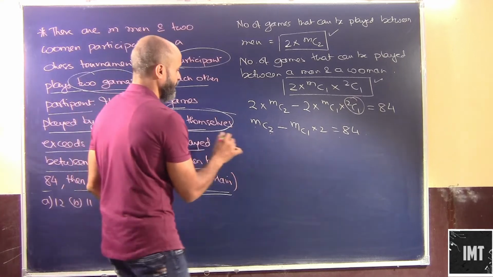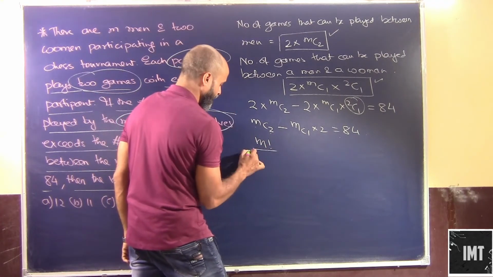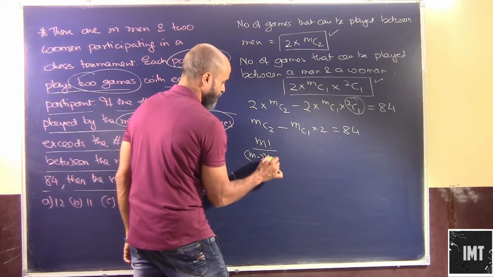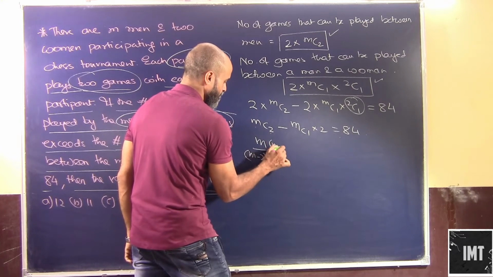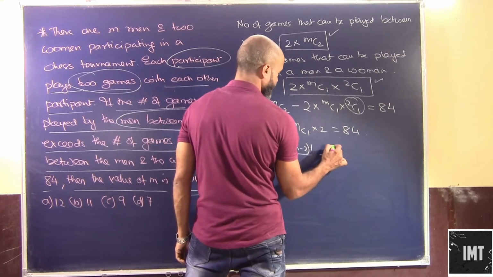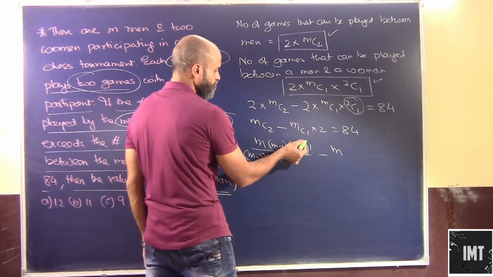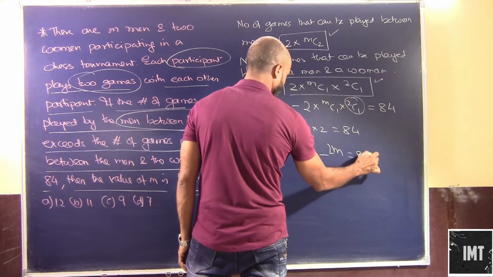Here we have n factorial upon n minus 2 factorial upon 2 factorial. So this will be m into m minus 1 into m minus 2 factorial, minus mC1, which is m, into 2, is equal to 84.